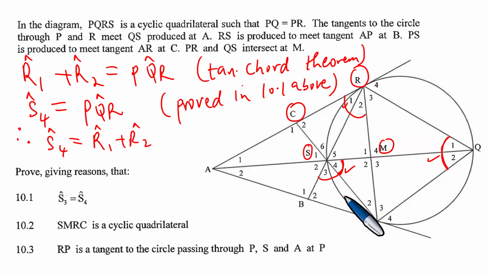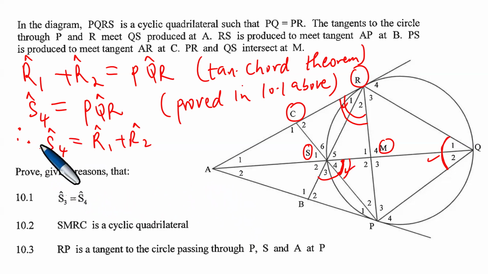Now, let's look at what the implication is. If S4, this here, is equal to R1 added to R2, then what conclusion are we able to draw here? What conclusion can we make?